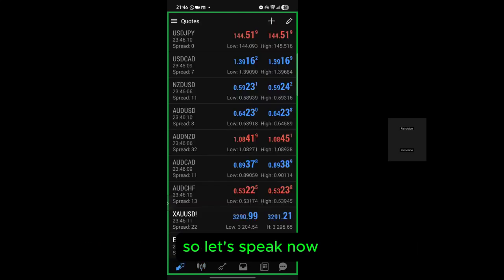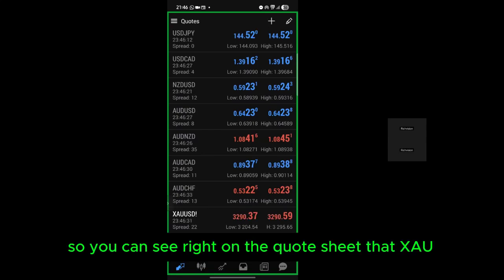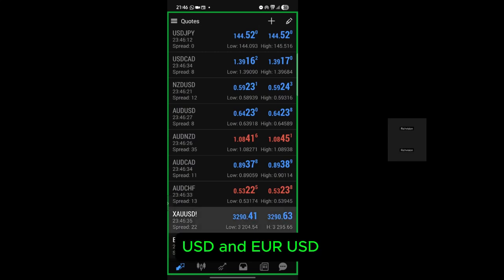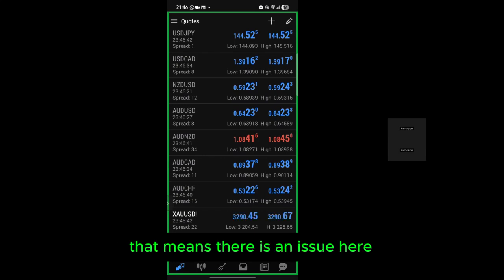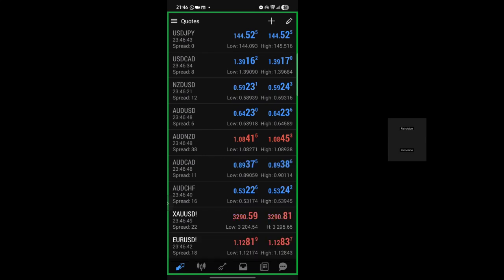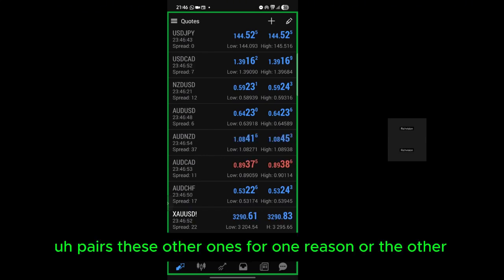Now, I want to make you see something here. You can see on the list that XAU USD and Euro USD seem to be bolder than the others. The last two that are bold mean that they are active pairs.